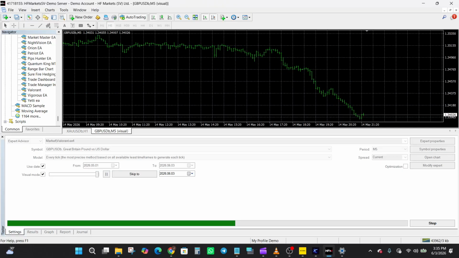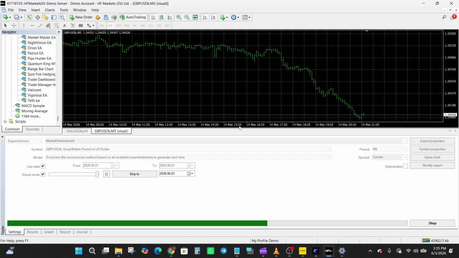Now, I'll still recommend running longer term testing yourself as well, because short samples can sometimes miss how the EA behaves across different volatility cycles and market sessions. Now, when I step back and look at the overall historical performance, this is where it becomes important to focus on consistency of behavior rather than isolated outcomes.